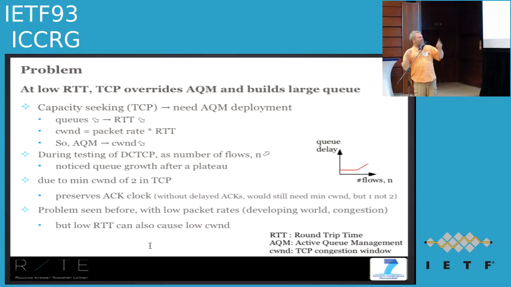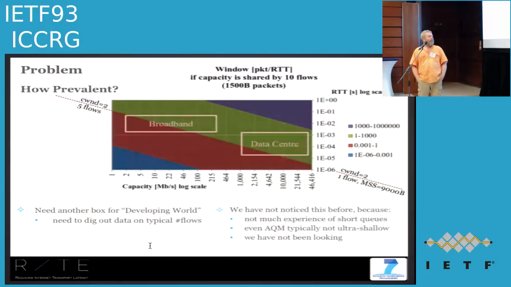So next slide. So I did a little paper study on how prevalent this would be. So this chart has capacity on a log scale, log 2 scale on the horizontal, with some squares where different scenarios are relevant. I'll go through the whole thing.